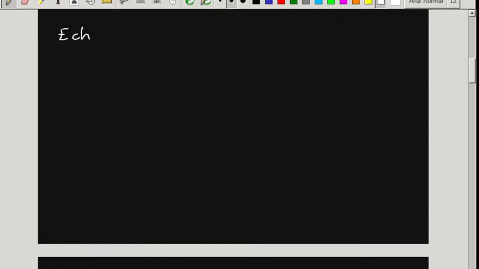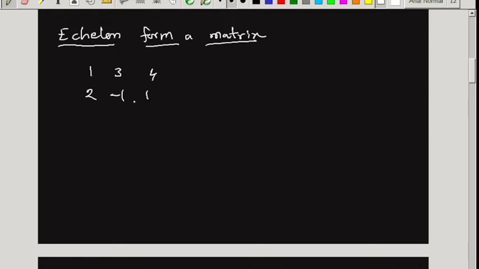Here, echelon form of a matrix. See, we have a matrix, 2 cross 3 or 3 cross 3 or 4 cross 4, anything we can write: 1, 3, 4; 2, minus 1, 1; 4, 1, 3.